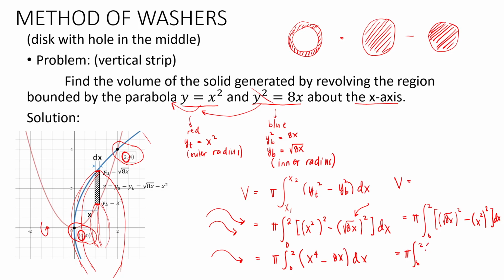So this will be 8x and then minus x to the power of 4 dx. So sakto tong 30.16 but it should be positive. So 48 pi over 5 or 30.16 cubic units.